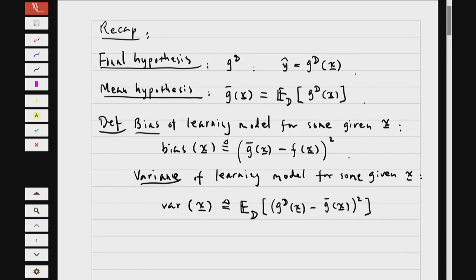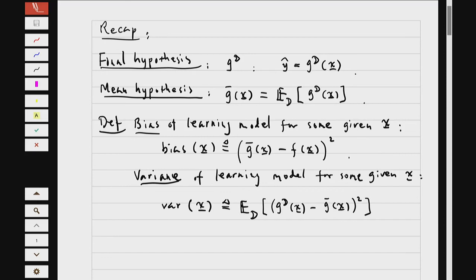Since it's a random quantity, depending on what kind of training data you have, we can take the expected value of this random final hypothesis. So g bar is the average of the final hypothesis. The average is a statistical average over what kind of training data points we will get, so that's an expectation taken over the training data points.